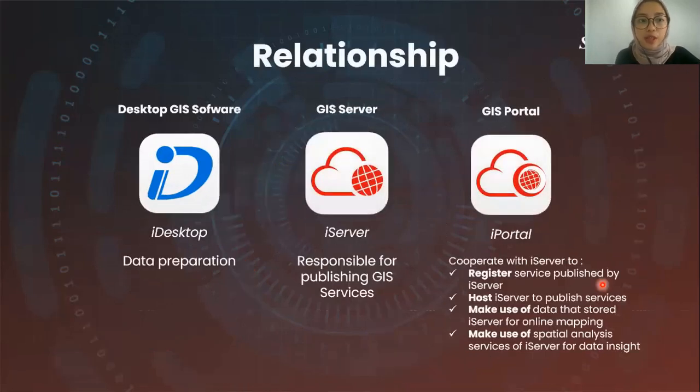For today, we will be using 3 different products. The first one is iDesktop as our desktop product terminal for data preparation. And the second one is the GIS server, which in SuperMap is called iServer, for data publishing, and GIS portal for the map serving.